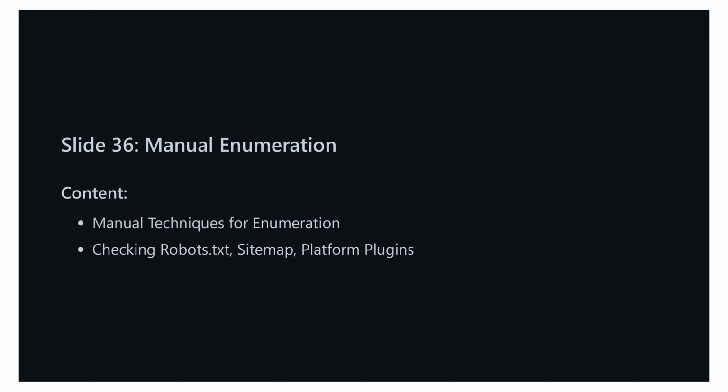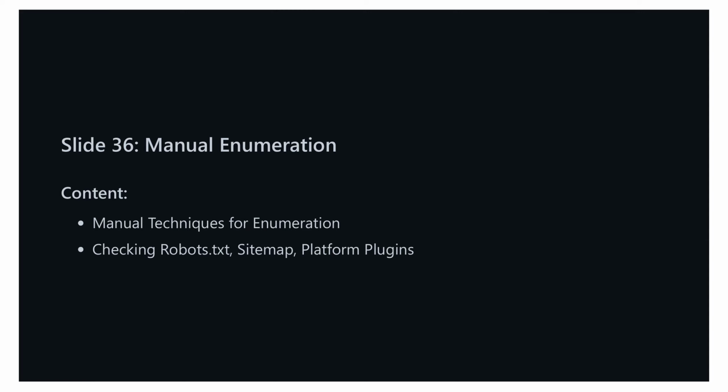Continuing from our discussion on web crawling, let's delve into manual enumeration techniques. While automated tools like Scrapy and Burp Suite are invaluable, manual enumeration can sometimes uncover nuances that automated tools might miss. In manual enumeration, we start by checking standard files that might reveal critical information about the website's structure and server configuration.